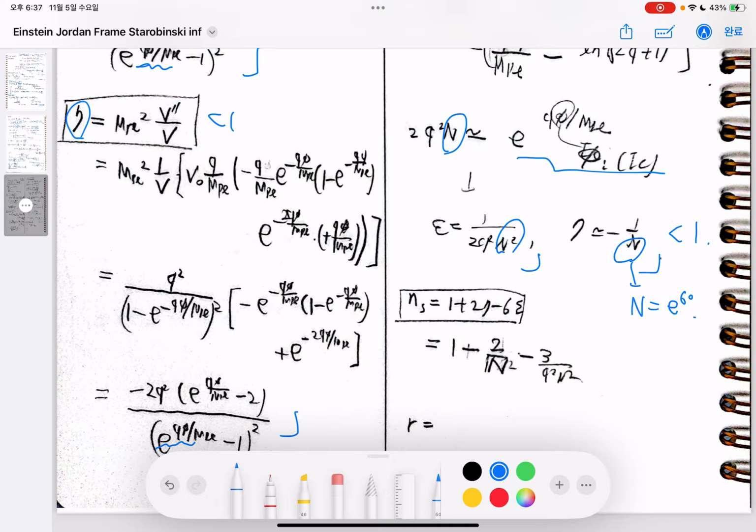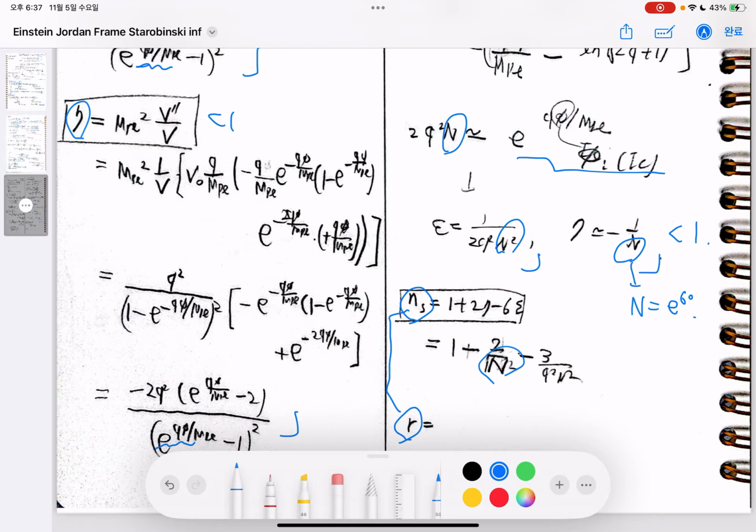And also we can calculate the scalar spectral index n_s and the tensor-to-scalar ratio r. These two quantities are also important in inflation theory, and they can be related to eta and epsilon, and again in terms of the e-folding number N.